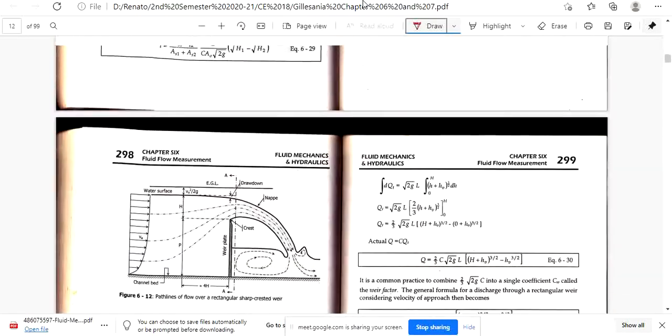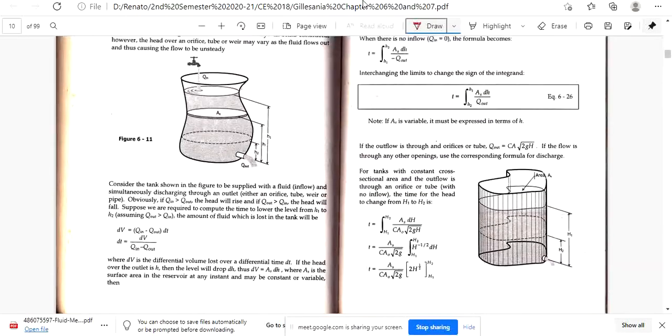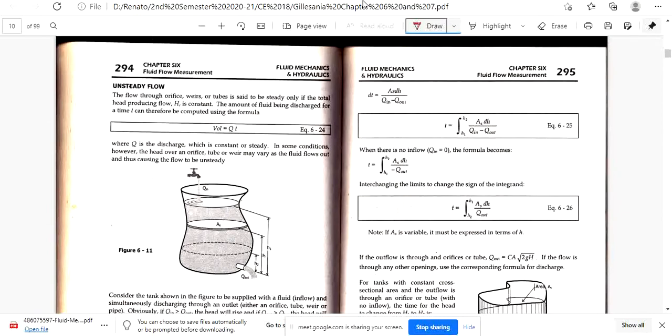Unsteady. Okay, so in unsteady flow, there are only two topics in fluid mechanics, or hydraulics, where you consider unsteady flow: the orifice and the weirs. So after this topic, weirs.